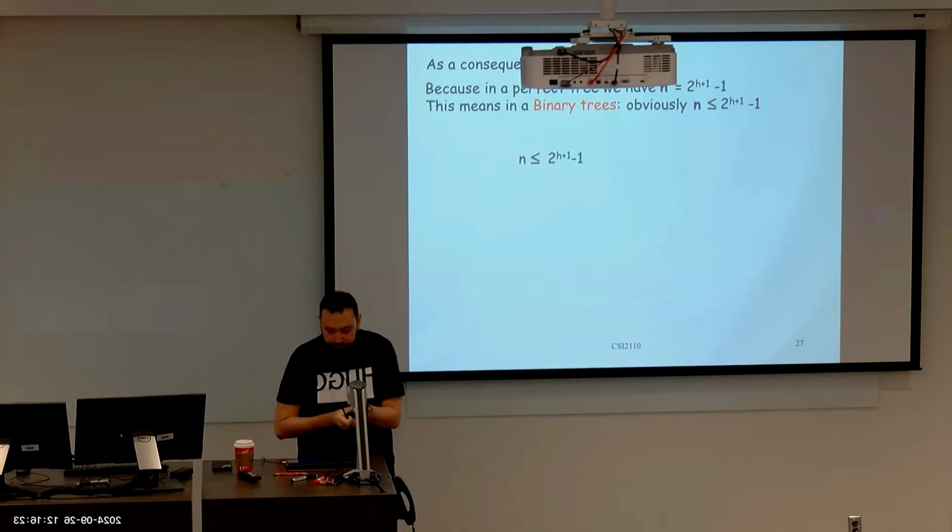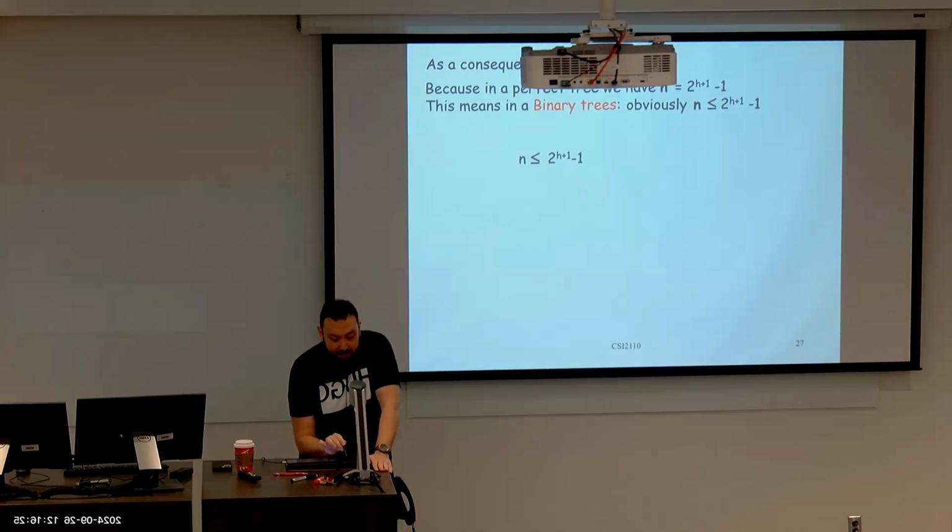Okay, guys? So now, as a consequence, because in a perfect tree we have n equals 2 to the power of h plus 1 minus 1, this means in a general binary tree, obviously, we're always going to have n less than or equal to this. Why? Because it's not perfect. So look at this.